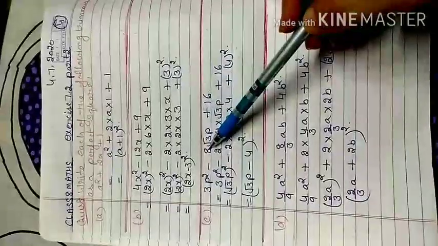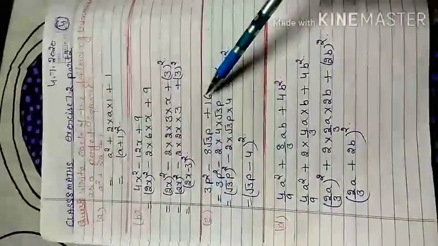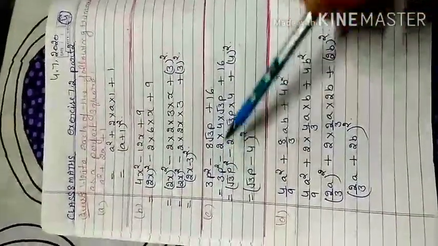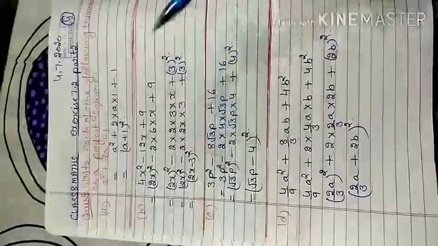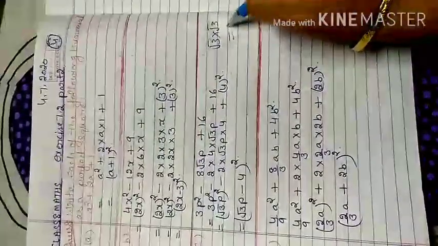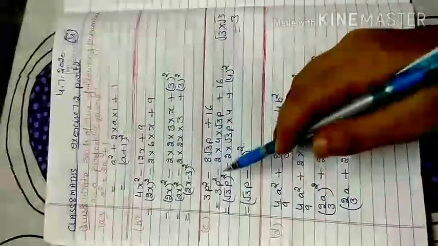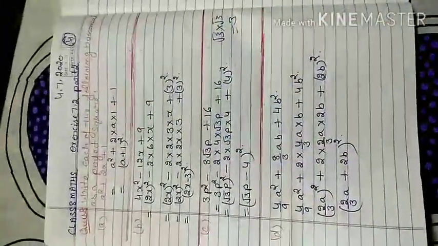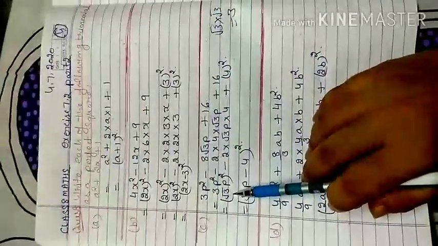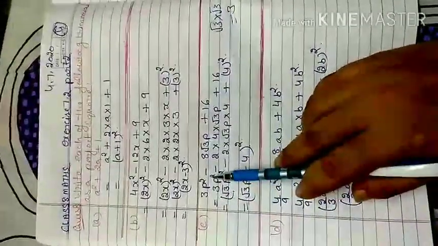Here if I separate 2 from that, that gives me 2 into 4 root 3p. If I check 16, it is the square of 4, and 3p square. Here root 3 is there, so if I multiply root 3 into root 3, that gives me 3. So I write root 3 and p, and take power 2, that is the square of root 3p, because when you multiply root 3 two times, 3 is left and p two times is p square.